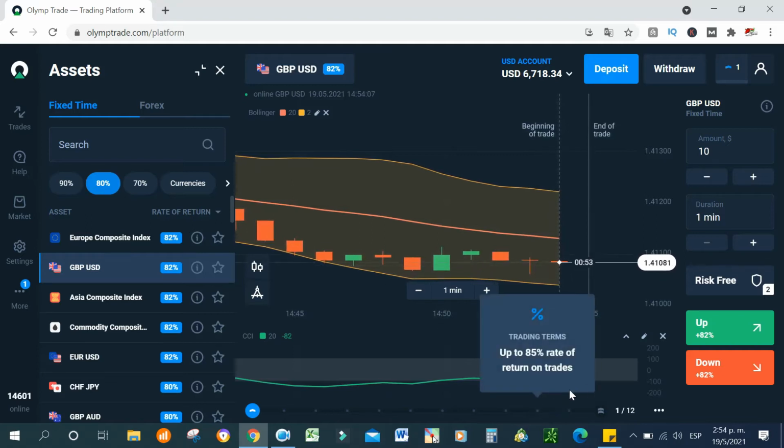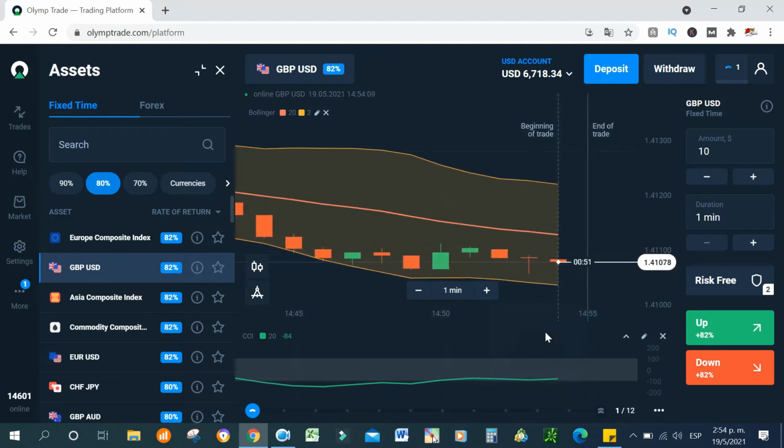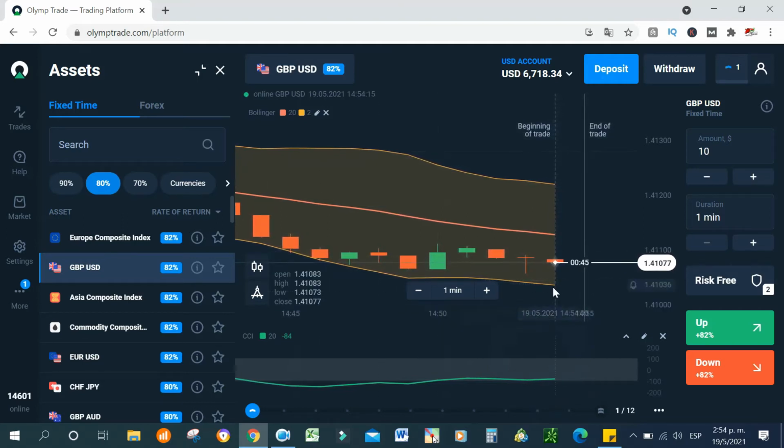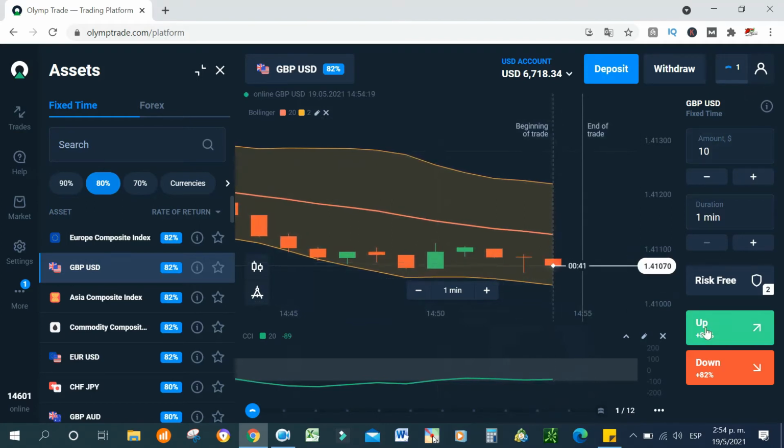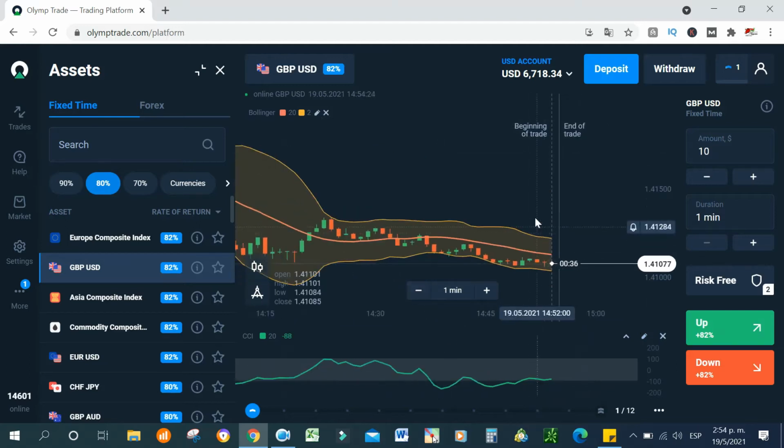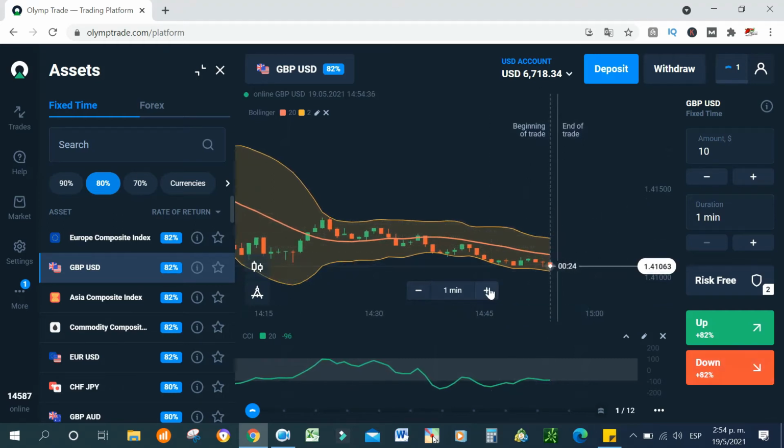So we need to wait for the price to be oversold and touching the lower Bollinger Band. Once it does that, we make an entry to the upside, and the same with the upper Bollinger Band. With the price touching the upper Bollinger Band, in this case, we would enter to the downside.